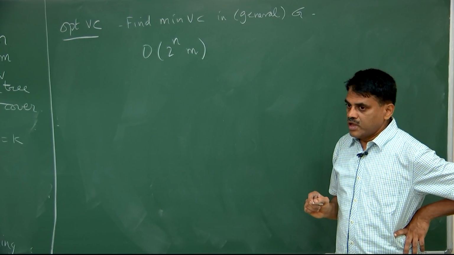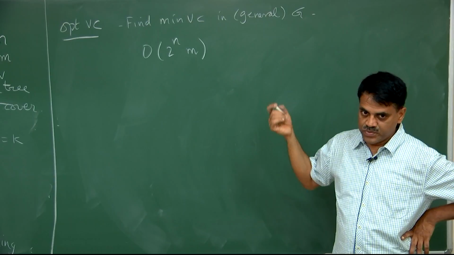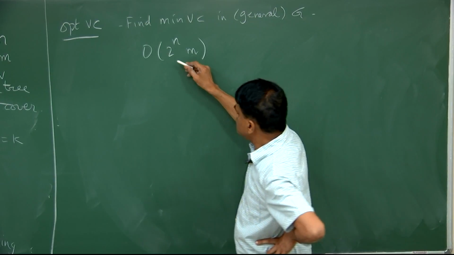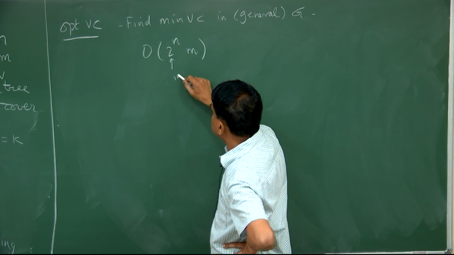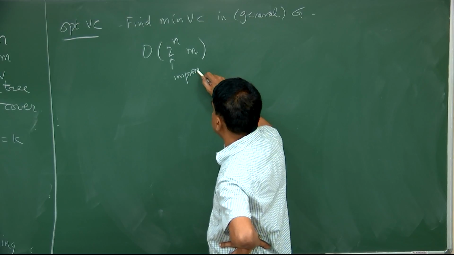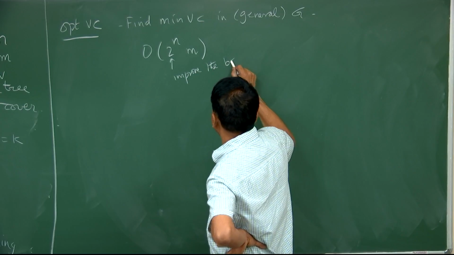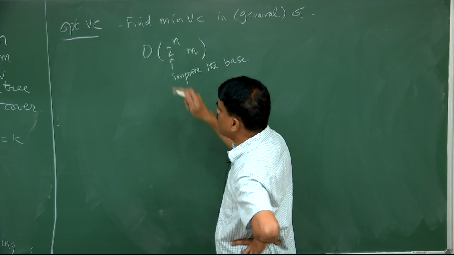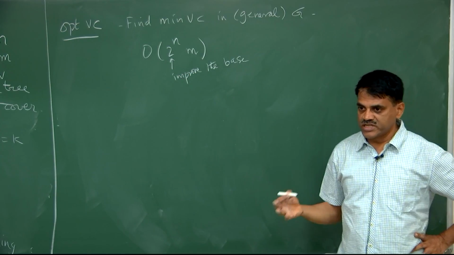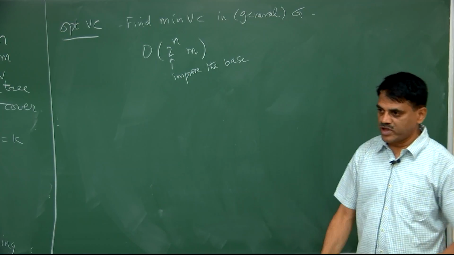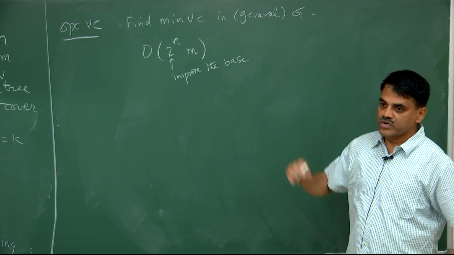Now, what is the goal in this exact exponential time algorithm? Again, it is to improve the base. We know we have to live with exponential time because there is no structure. I am looking at an exact algorithm. Now, can I improve the base?